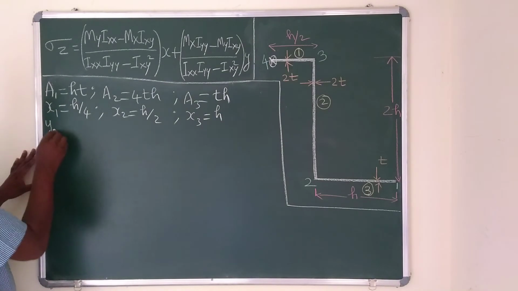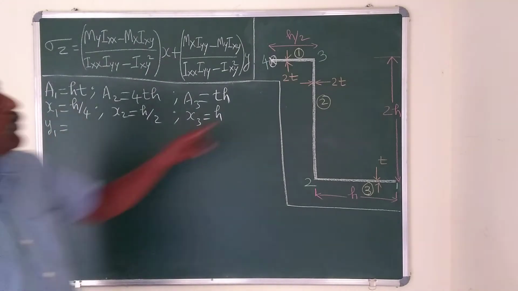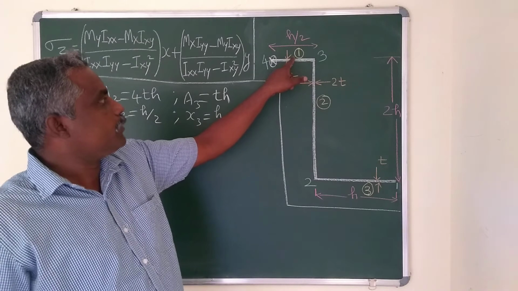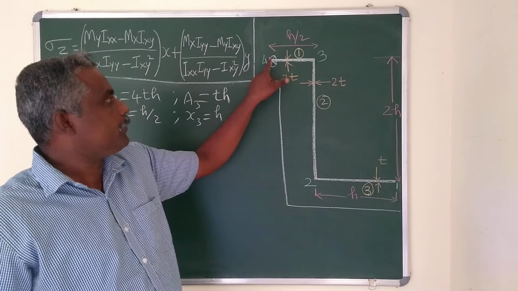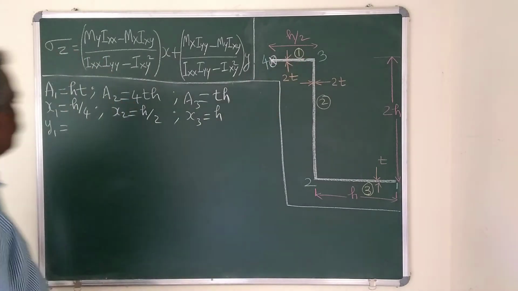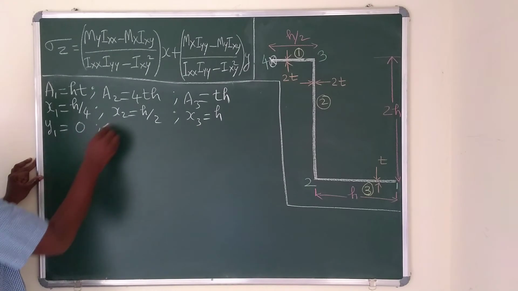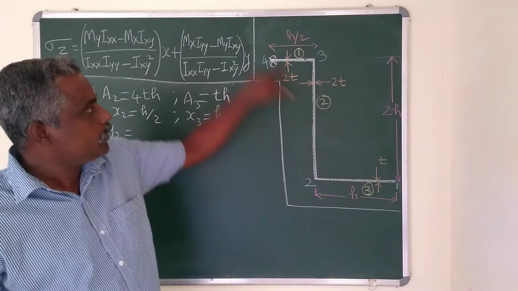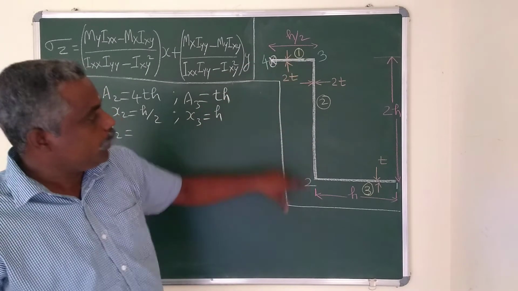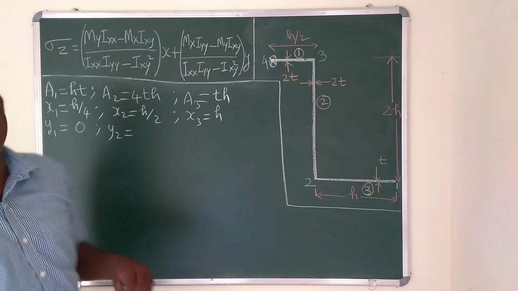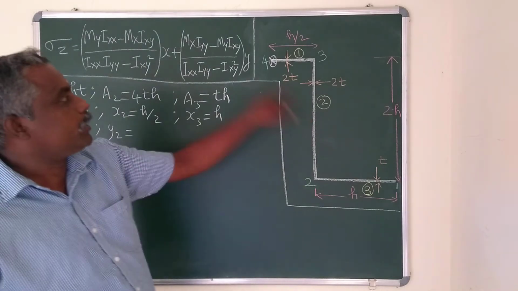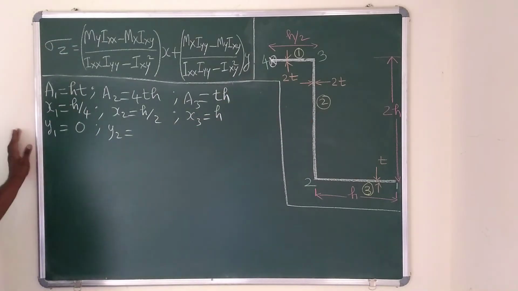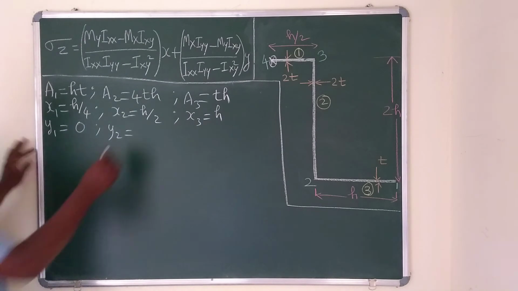And y1: the centroid of this section is here, this is our reference point, treat this as a line, so y1 will be 0. For y2, this is the centroid for section 2, so 2h divided by 2 will be h, and the centroid is located below our reference point, so y2 is minus h.